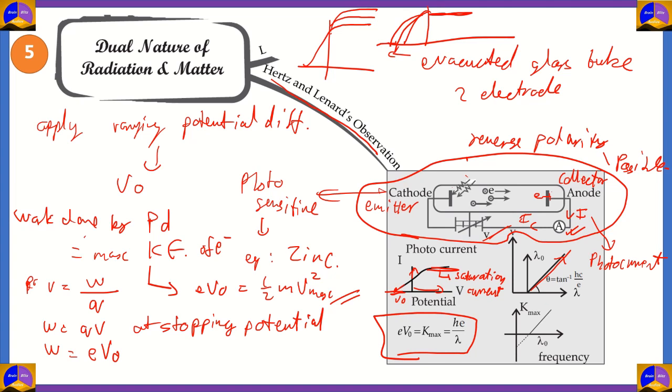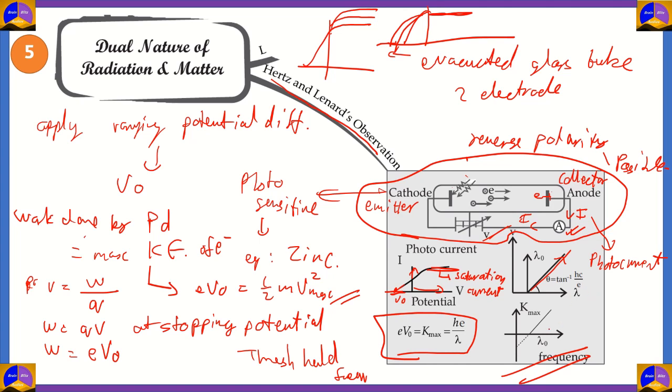The last observation is that the emission of photoelectrons takes place above a certain frequency, and that frequency is known as the threshold frequency. As you can see here, above a certain lambda naught, you can find the increase in kinetic energy and photocurrent is possible.